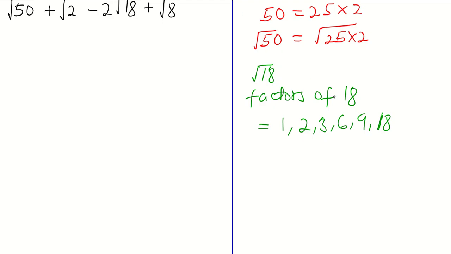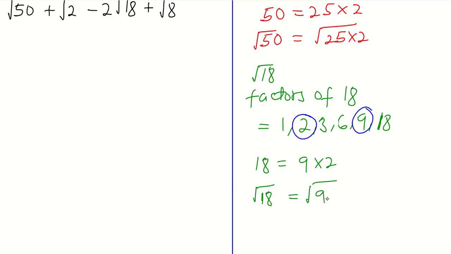The only perfect square we have here is 9. So which number, when multiplied by the perfect square, is going to give us 18? Now this number must come from the factors of 18, and that number is 2, which implies that our 18 is the same thing as 9 times 2. So if now we are saying square root of 18, then we should have square root of 9 times 2.